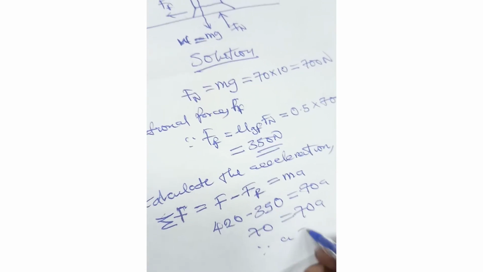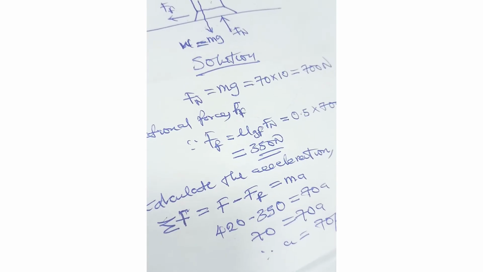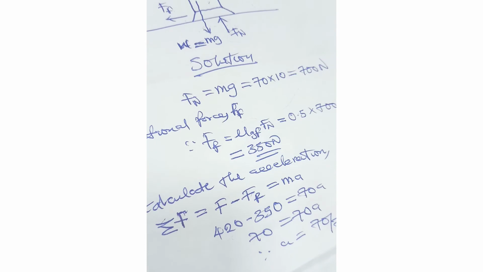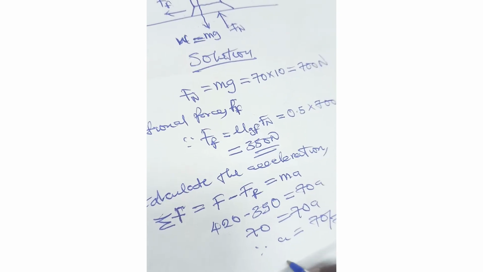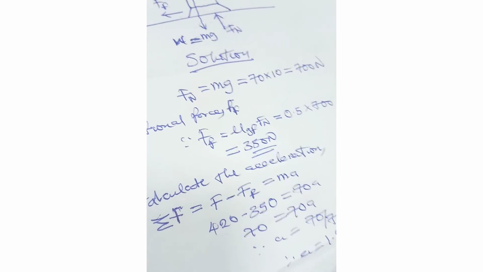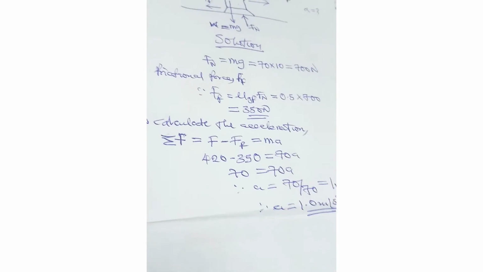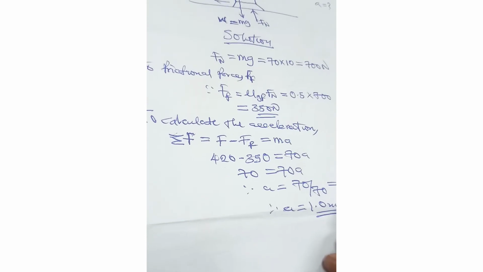Therefore, our a is equal to 70 divided by 70, and that's going to give us 1 meter per second square. That is, a is equal to 1.0 meter per second square. Good. We have fully solved what they asked us to calculate, and that's the final answer, 1 meter per second square.